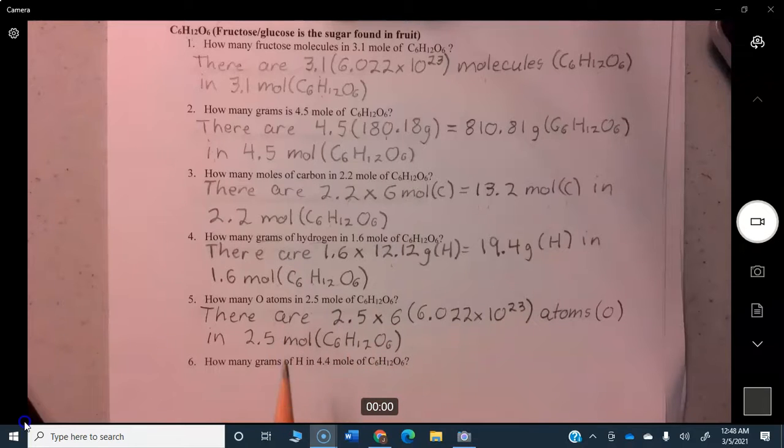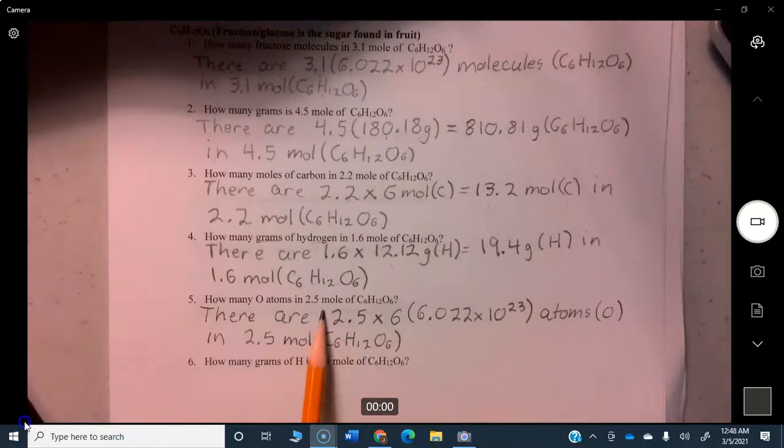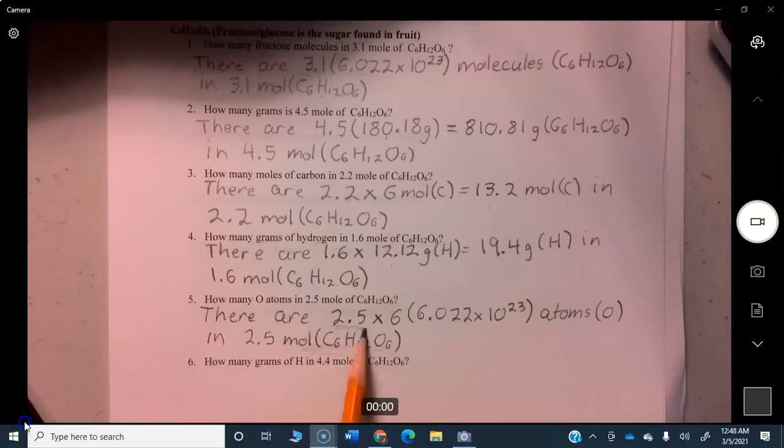Okay, so there's 2.5. You want 2.5 moles of sugar here, sucrose. The number of atoms of oxygen is going to be 2.5 times the number of atoms that are in 1 mole. So 2.5 times this is how many atoms of oxygen are in 1 mole of C6H12O6.